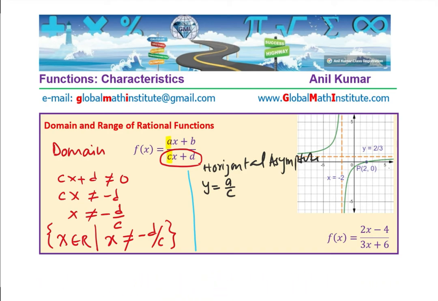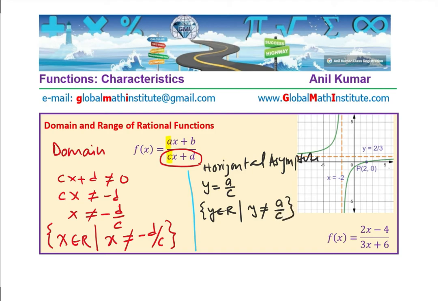So these are few critical points which you learn while learning about the rational functions, correct? We are only utilizing that knowledge here to write down our solutions for domain and range. Perfect. So that clearly means that we have everything for y except for the horizontal asymptote, which is at a over c. Is that clear to you?